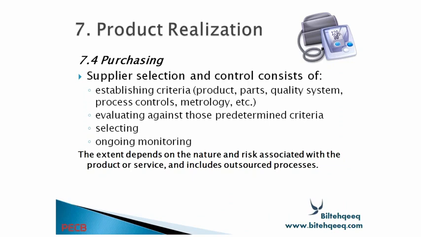The extent depends on the nature and the risk associated with the product or services and includes outsourced process. So you have to evaluate the supplier and check them, and it should be an ongoing monitoring activity, and it depends upon the product or services and how you are outsourcing it.